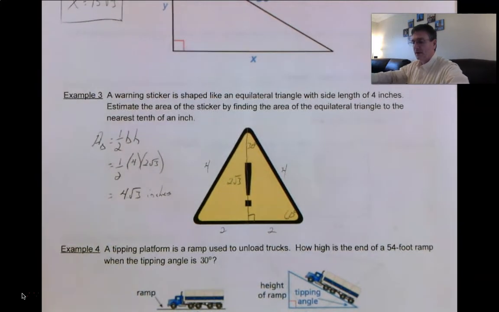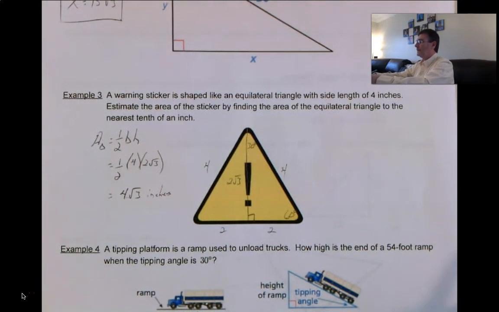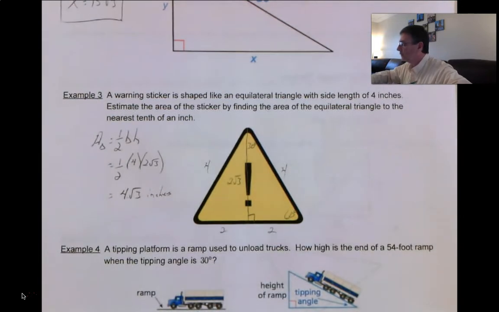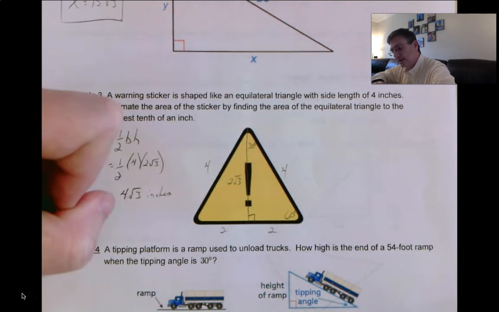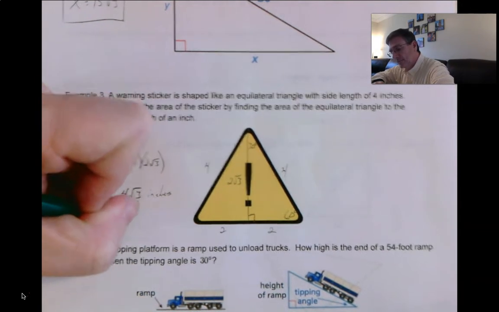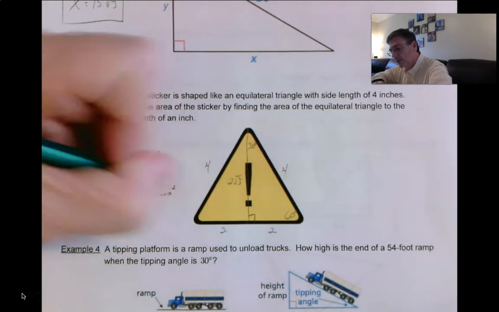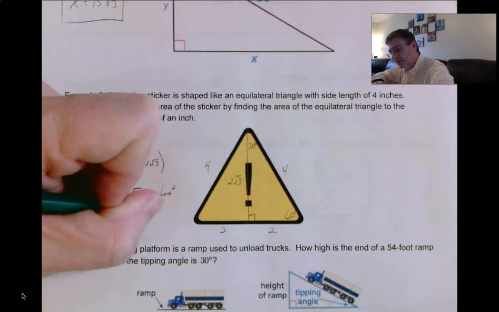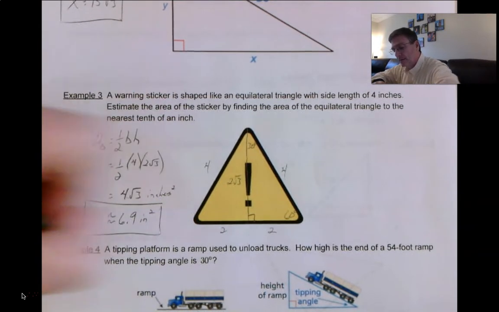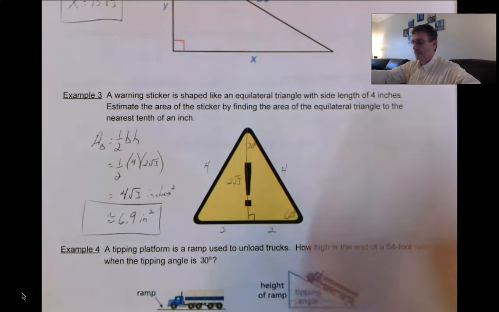We're looking for this rounded to the nearest tenth of an inch, so we pull out our calculators. 4 square root 3 is approximately 6.9 inches squared for the area of this triangle.